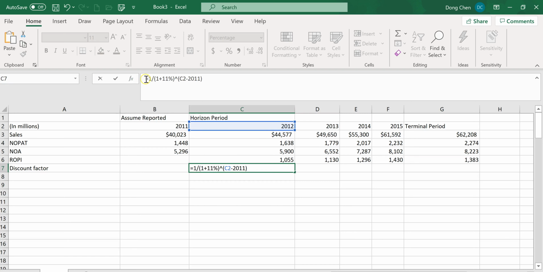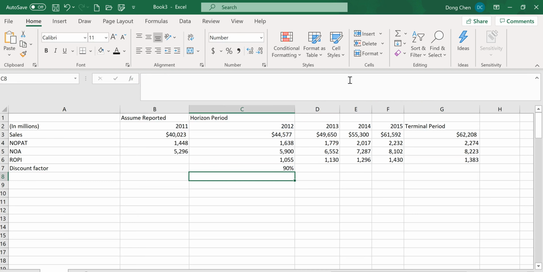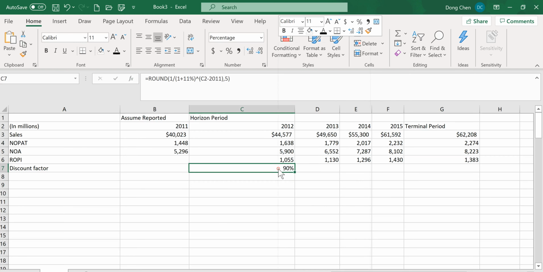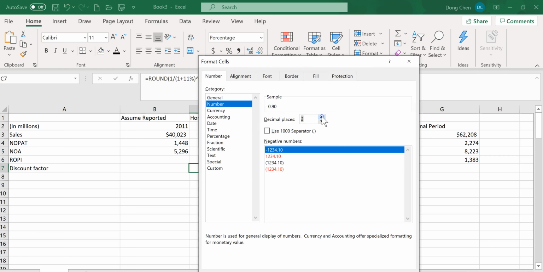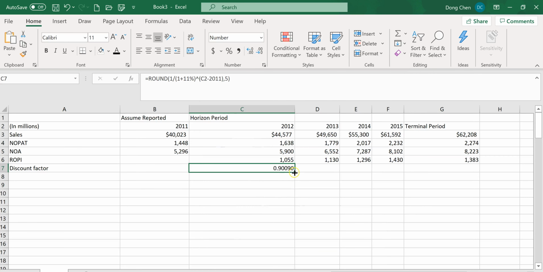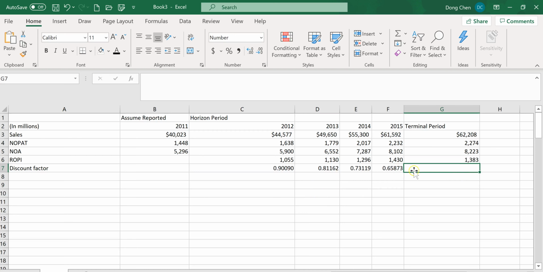I need to round to 5 decimal places, so I change the cell format to 5 decimal places. Then I pull the cell to the right to get the discount factor for all the horizon period.